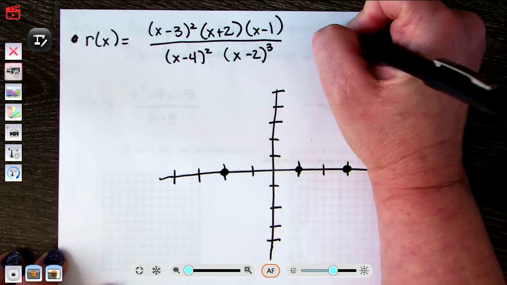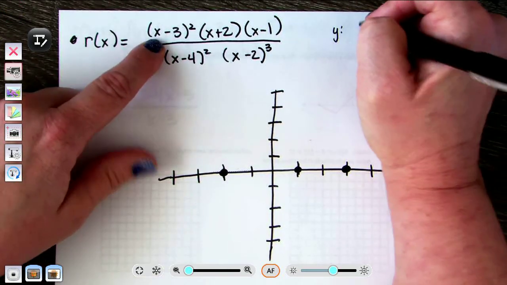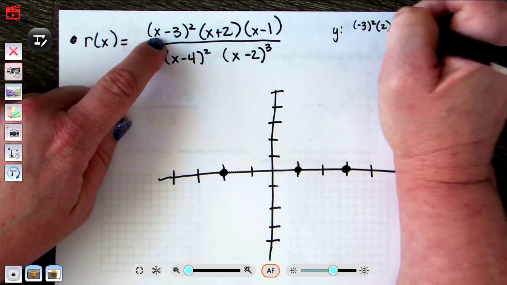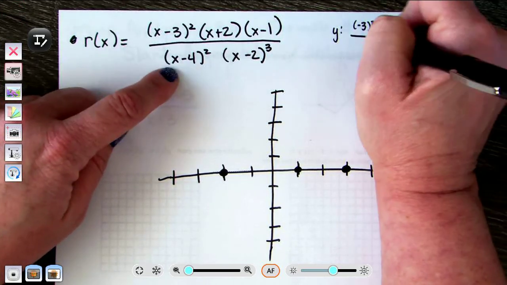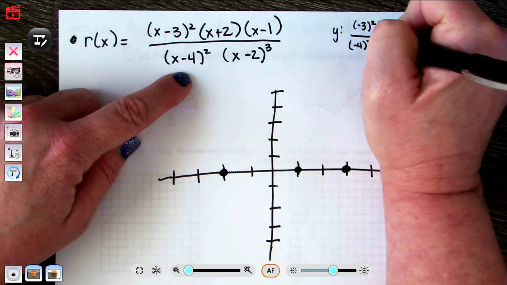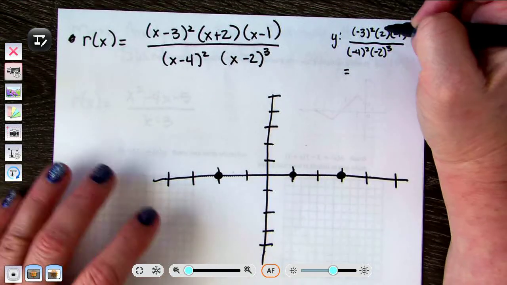Our y-intercept is when we let x be 0. So letting x be 0, I'll have -3 squared times 2 times -1 over -4 squared times -2 cubed. If I'd been thinking, I would have chosen smaller numbers.